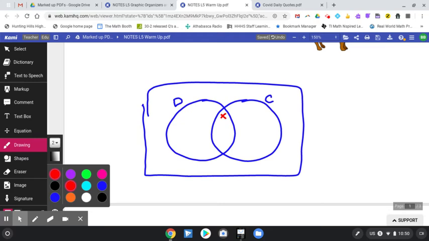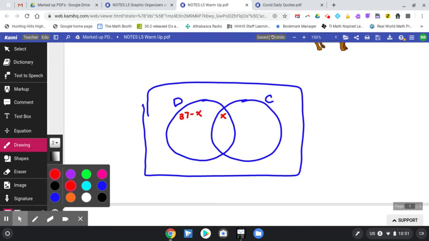Now, reading back at the information, it said 37% of households have one or more dogs. So I know this entire circle for dogs has to add up to 37. So if I already have these x households in the circle already, then out here I'd have 37 subtract x.